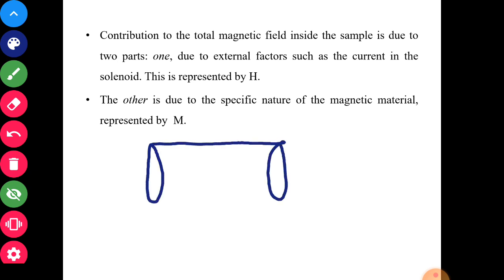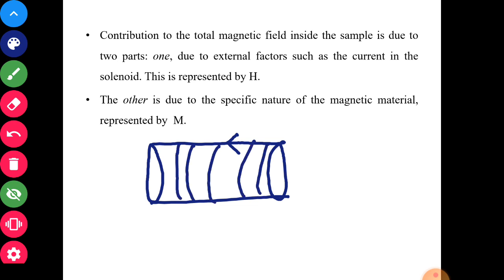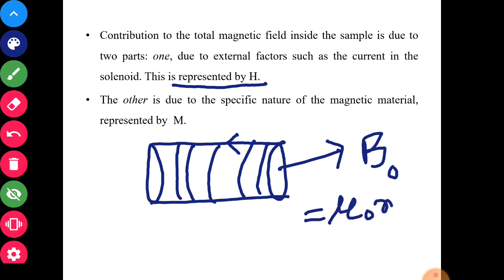When current is passed in all the turns of the solenoid, a magnetic field B0 is produced. This is represented by H, because B0 is equal to mu 0 Ni, and instead of Ni we have taken H, so it becomes mu 0 H.